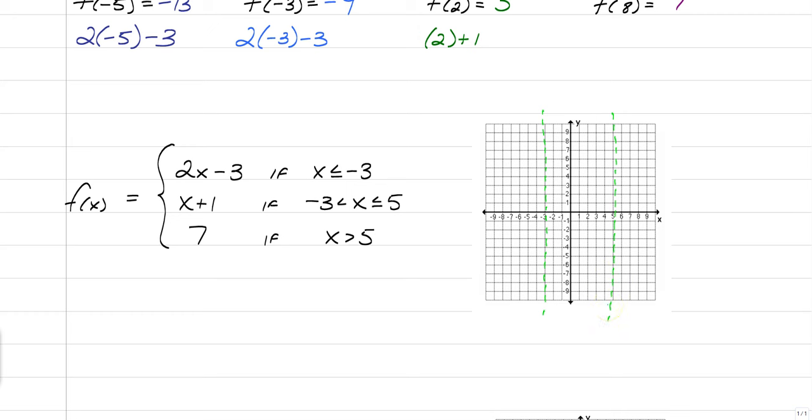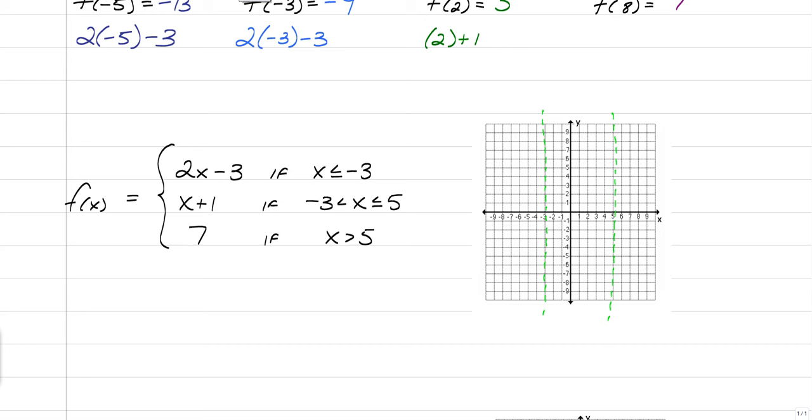Now, those lines represent an area where you can never graph more than one line. So you have the left region, the middle region, and the right region. You are only allowed to have one line graphed in each of those regions. That's why the vertical lines are sometimes helpful. Because remember, these are functions. So after you graph them, they need to pass the vertical line test.